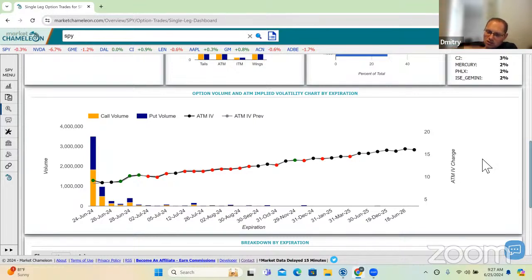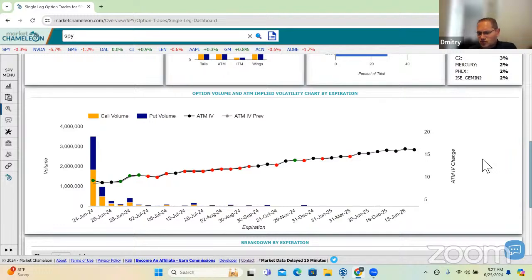And then there's another line, a gray line, that shows the previous day's implied volatility. And this finds the at the money strike, the closest actual at the money strike, and compares the strike's implied volatility to the same implied volatility on that strike. So this isn't based on delta, but strike based implied volatility change.